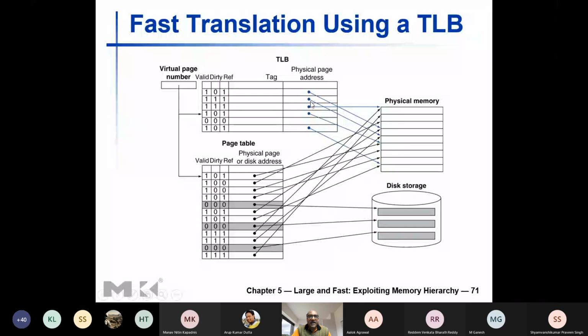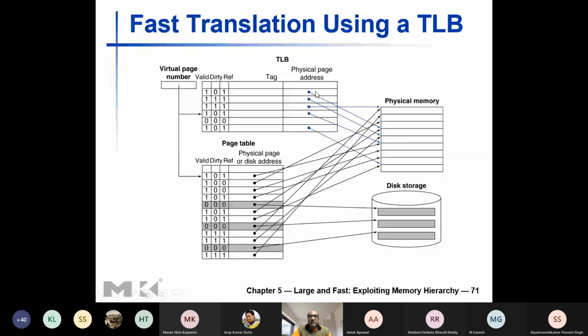If it matches, it means the corresponding physical address is available directly, and you can use that, because accessing this cache takes only one cycle, whereas accessing the page table takes about 100 cycles. That's the difference. So in one access itself you get the physical address, and then using the physical address you access the physical memory, and the corresponding data is accessed by the CPU.